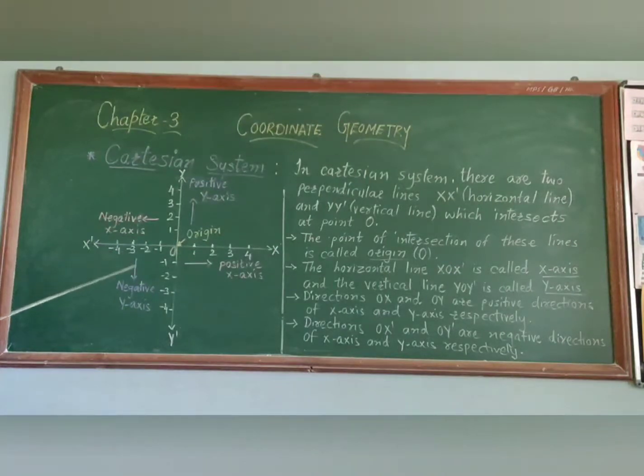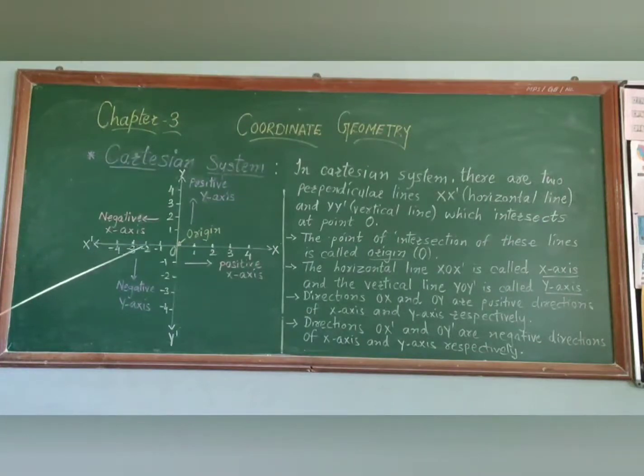These two lines are perpendicular to each other, and as they are perpendicular, they intersect at a point O. The point of intersection where these two lines x dash and y dash intersect is called the origin, which is always denoted as capital O. Then the horizontal line x dash is called the x-axis, and the vertical line y dash is called the y-axis.